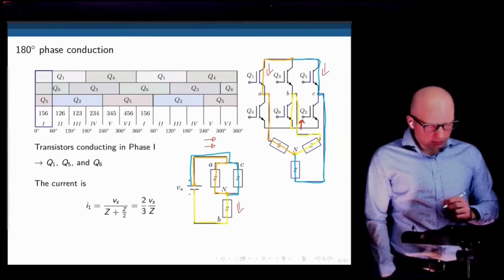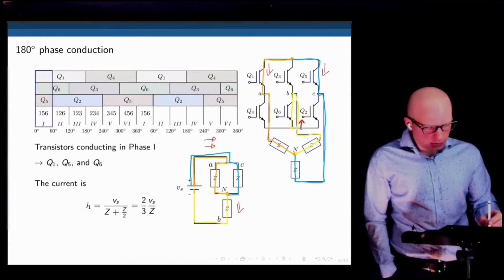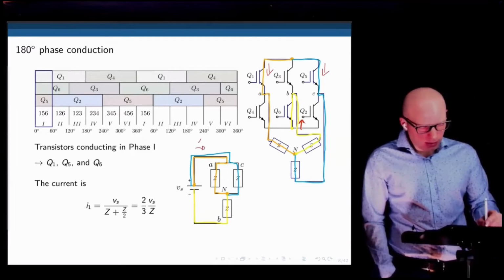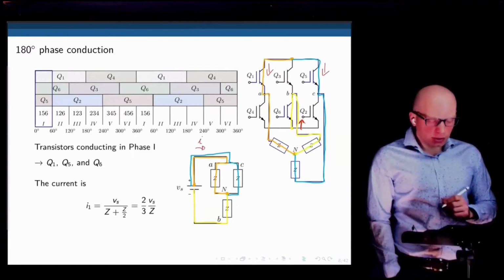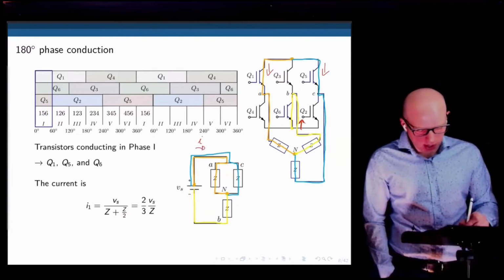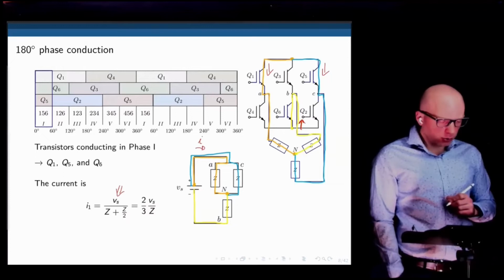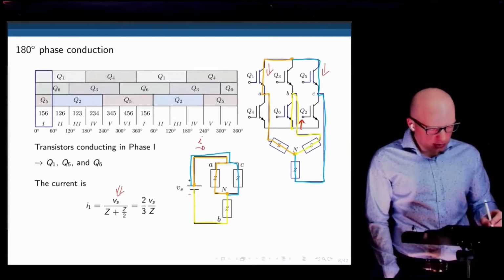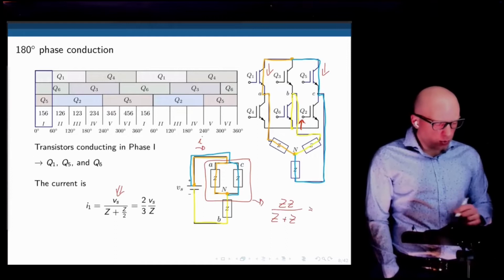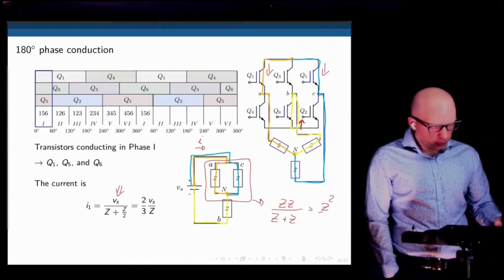If we call the total current from the source I, the current from the source is the input voltage Vs divided by the total impedance. The total impedance includes this parallel impedance here, which is Z times Z divided by Z plus Z. This is Z squared over 2Z, which is Z over 2.